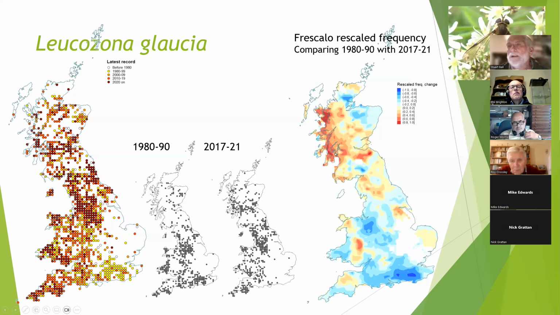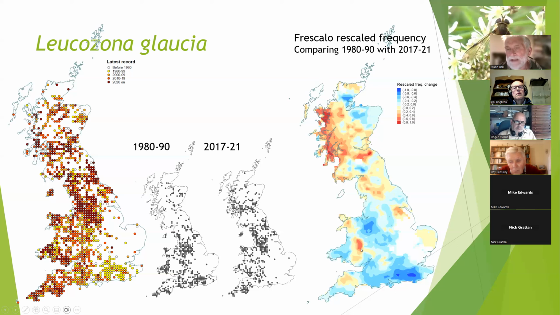If it's red, then it's increased. The rescaled frequency has gone up. If it's blue, then it's decreased. And if it's white, there's no change. It stayed the same. And pretty clearly, we've got a big blue area down in the southeast corner, which also extends through most of the lowland Midlands.